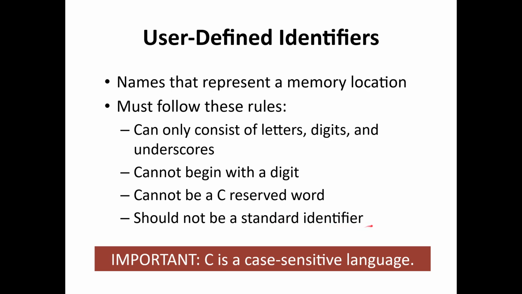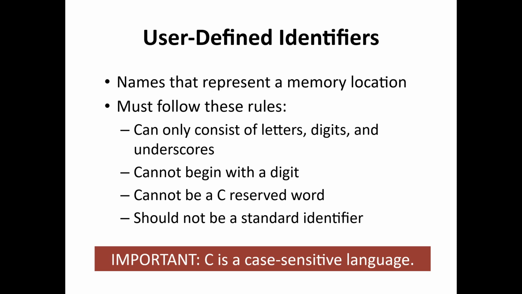Your identifiers are anything you name. These names represent locations in memory, be that where a piece of data is stored or where a particular subroutine begins. The names you give them have to follow certain rules. They can only have numbers, letters, and underscores. They can't start with a number.